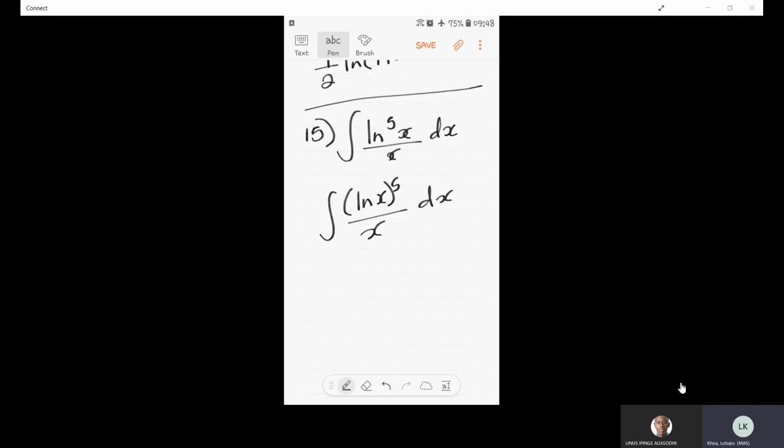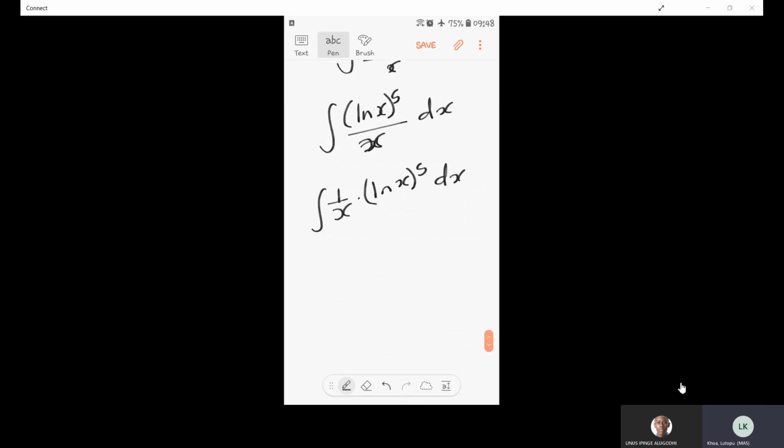Right, so I can see that the derivative of ln of x is 1 over x, and here I do have a 1 over x. So I can look at this as 1 over x times ln of x to the power of 5 with respect to x. So what I say is let u equal to ln of x.